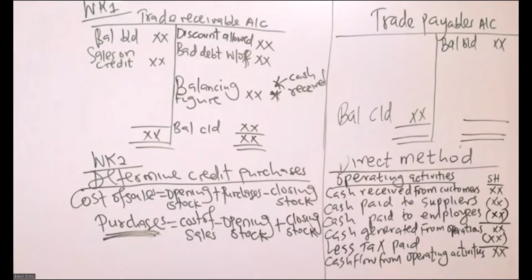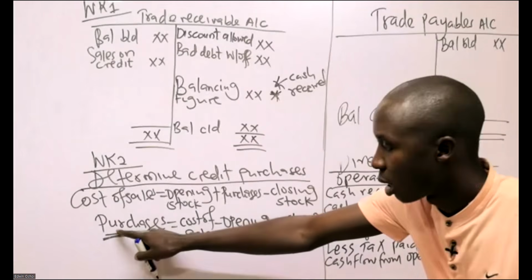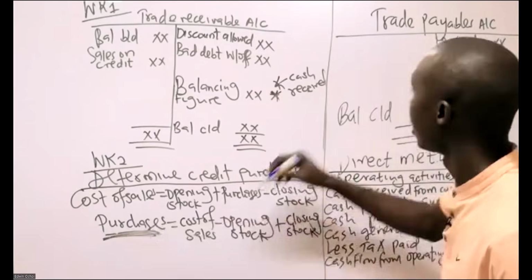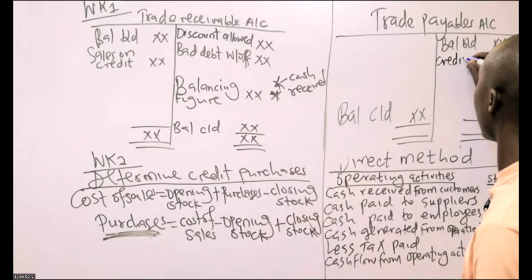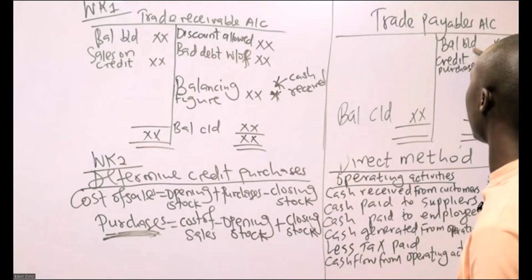So what can increase this account for the payables? What can increase your creditors balances? The products you have purchased on credit. So credit purchases. That is why I first said we have to determine credit purchases.